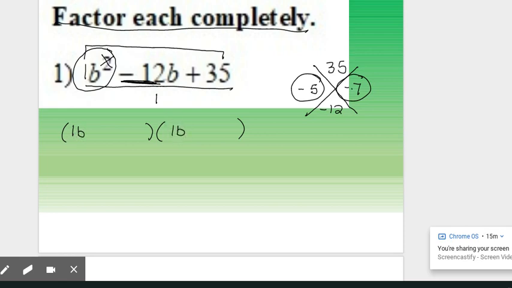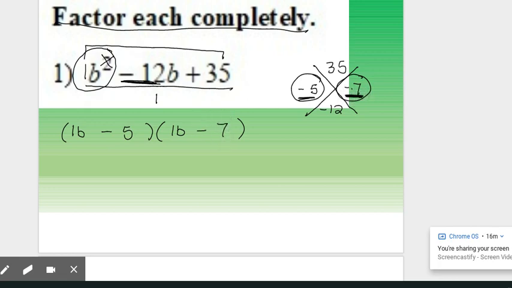There's a reason why I don't put 1b squared, because this is the opposite of multiplying. If I multiplied b times b, that's what makes the b squared. If I wrote b squared and b squared here, that would make b to the 4th. It's no longer going to work. So 1b, 1b. And then the magic numbers go in these other spots. On one of them, I'm going to put the minus 5. On the other one, I'm going to put the minus 7.